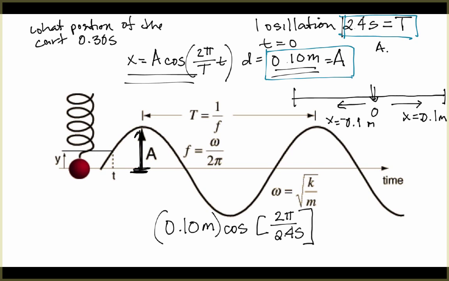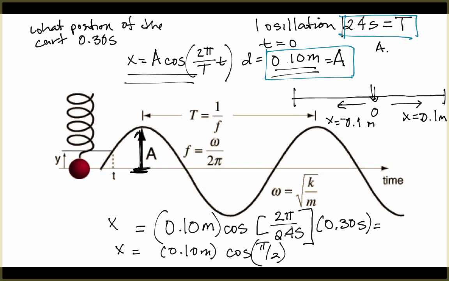That's our oscillation. Times, we're trying to find it at what time? The little time, which is 0.30 seconds. And so from here you get 0.10 meters times cosine, and then essentially what we'll have here is pi over 2, actually pi over 4.